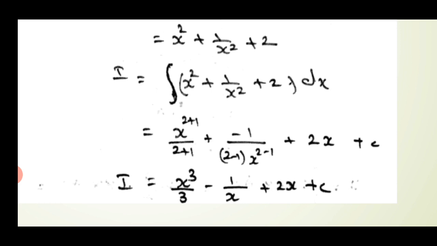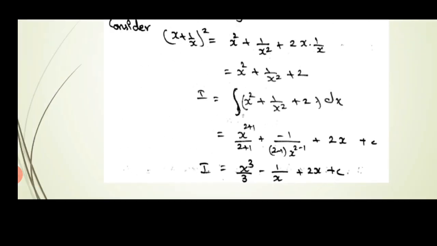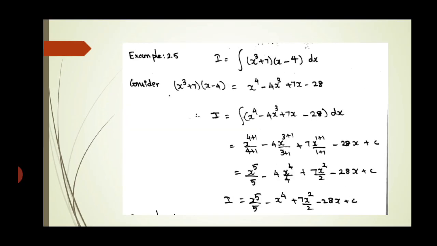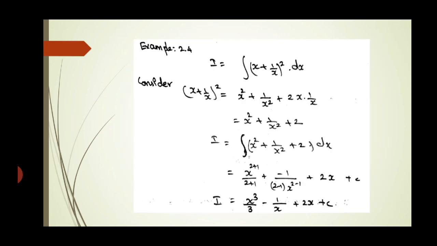So here 1 by x square, so n value is 2. Now apply in the formula. So minus 1 by 2 minus 1 x power 2 minus 1. So when you simplify the expression, you get x power 3 by 3 minus 1 by x plus 2x plus c. That's all. So this is the answer for this sum.